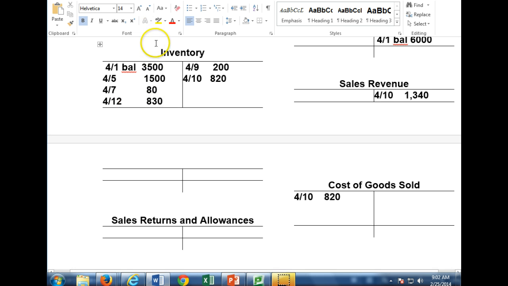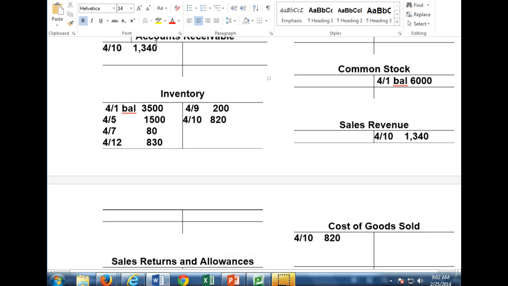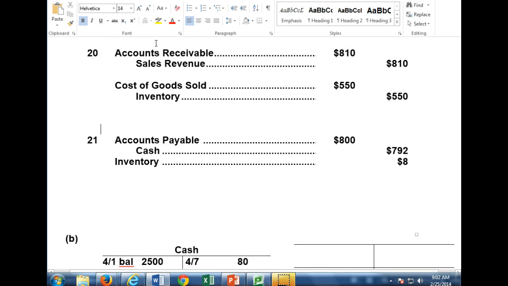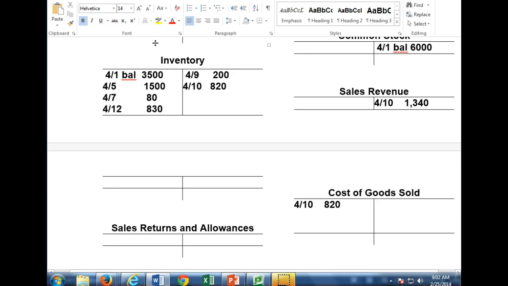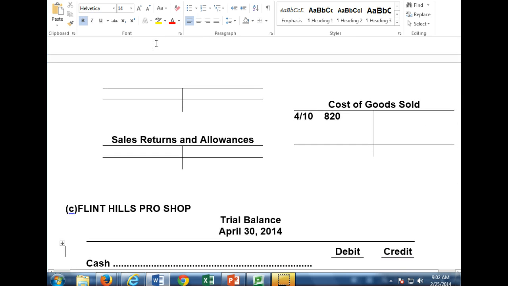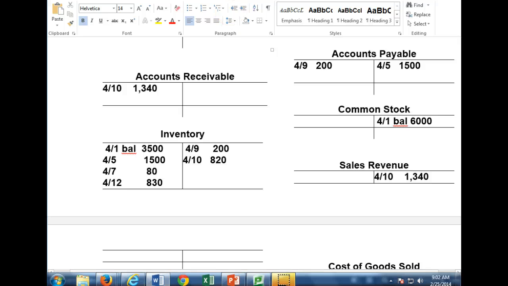Okay, and then what happens to the other end? Accounts payable gets credited for how much? Where's my accounts payable? It gets credited 830 on April 12th.